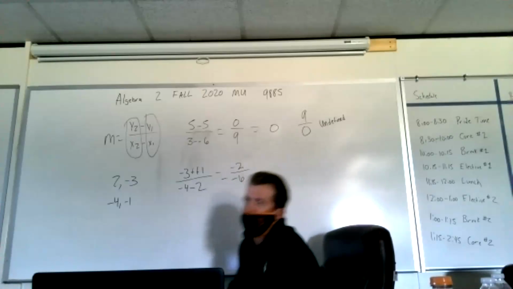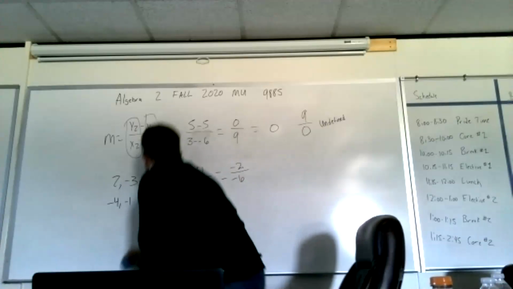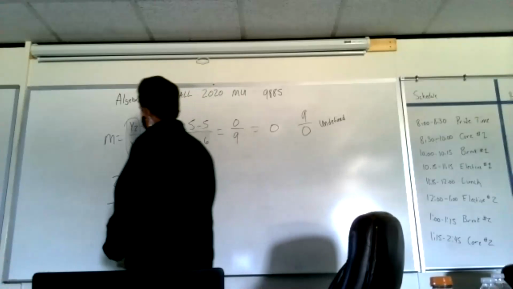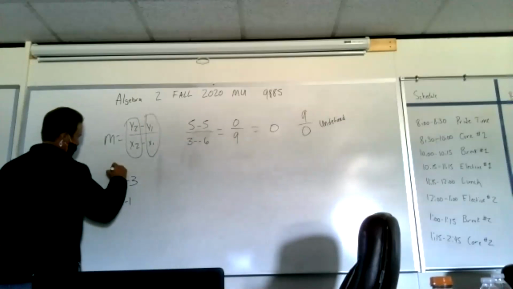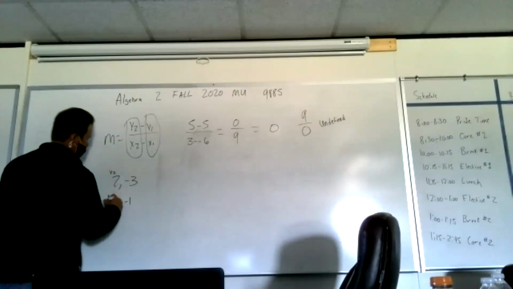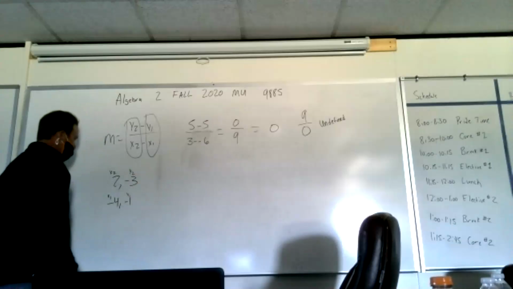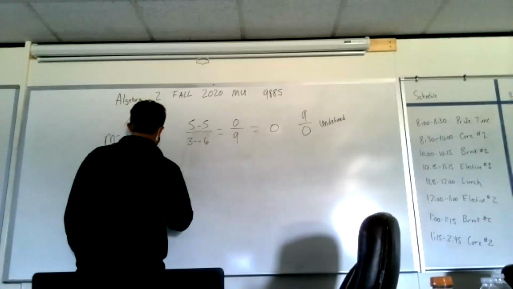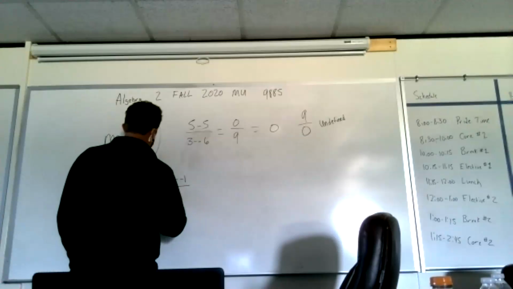Yeah, that's a mistake that we make. It's x2, x1, y2. Don't mess it up next time. -3 minus -1, and 2.